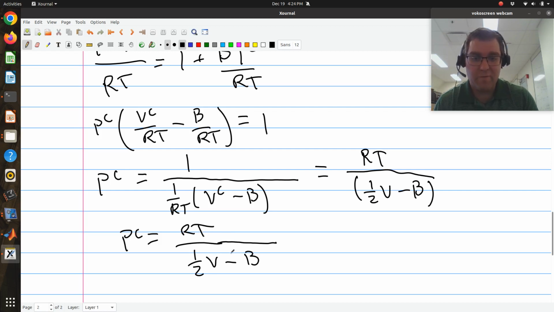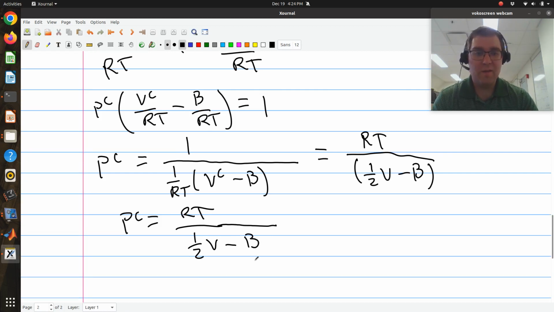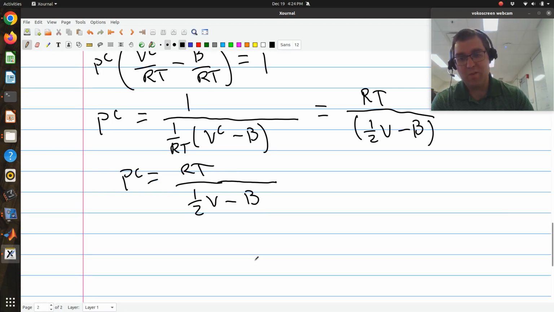Because this is 1/2 V. The negative B, well, B is negative, right? So this term's positive. Okay, so this denominator is going to be positive, but it's going to be smaller than what I had in A and B because now it's 1/2 V. So the denominator is going to decrease. So I'm dividing by a smaller number, so the quantity should increase. Okay, so it should work out that my pressure should be greater.